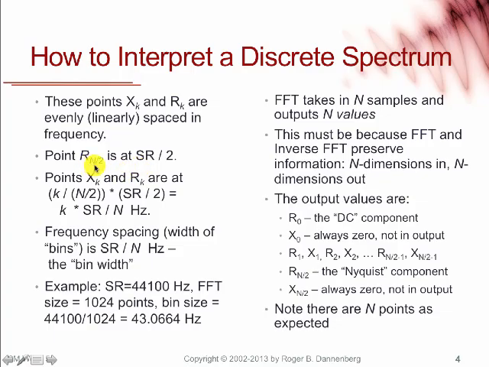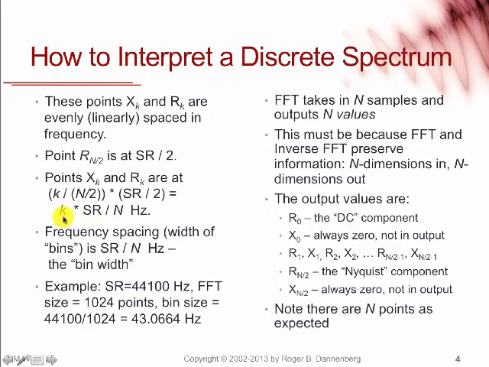The n over 2 coefficient represents half the sample rate, which is the Nyquist rate, the highest frequency that you can have in that signal. And therefore, the points x sub k and r sub k are linearly spaced from 0 up to sample rate over 2, and there are n over 2 intervals, so we can derive this equation for the frequency represented by each value k.